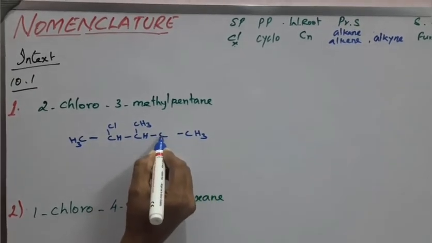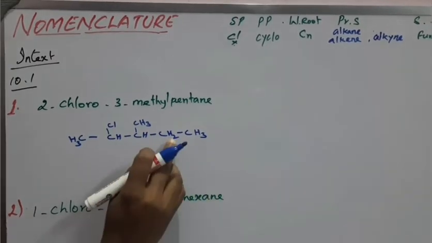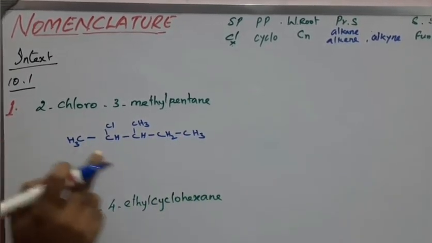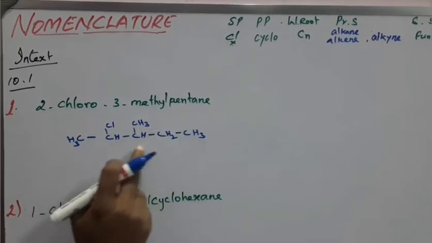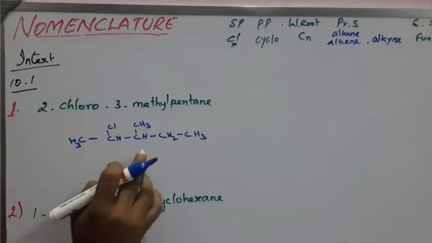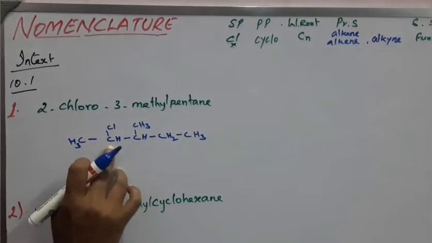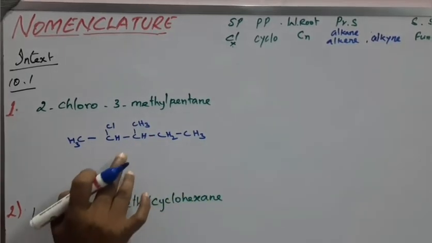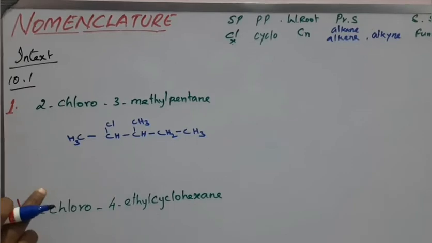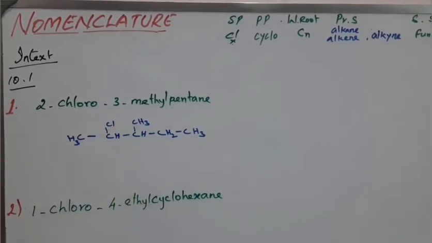For this carbon atom, 2 plus 1 plus 1 is 4. The root word is pent, 1, 2, 3, 4, 5. The ane is the primary suffix, meaning all the carbons are connected by single bonds. The second position has the chlorine substituent, and the third position has the methyl group substituent.